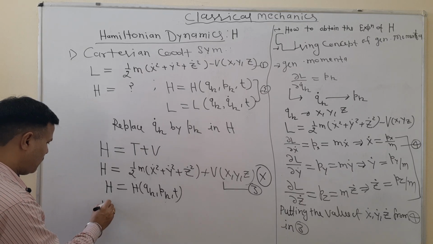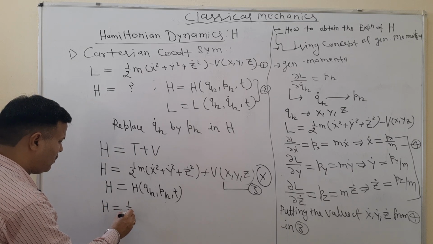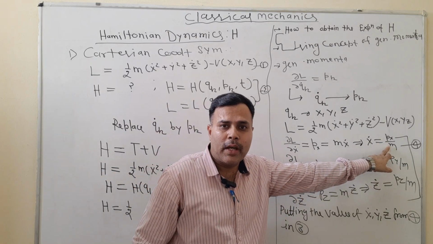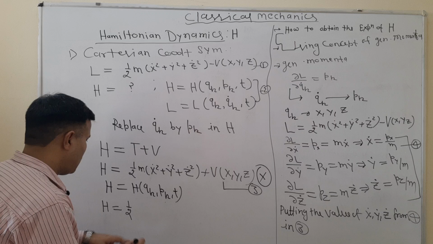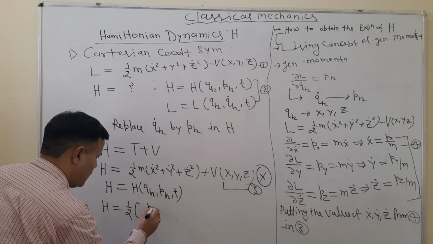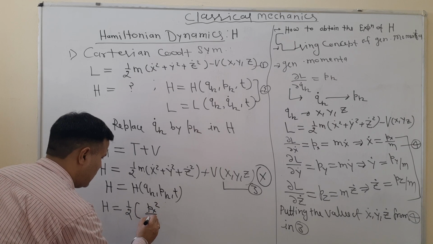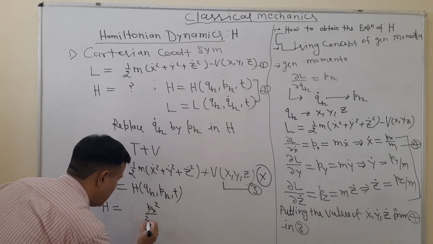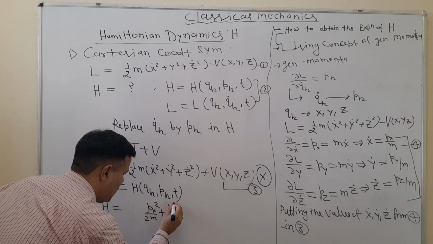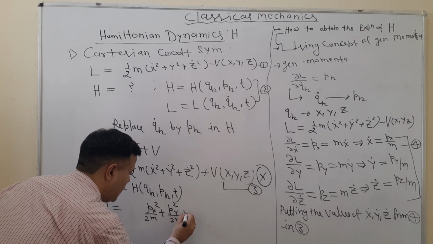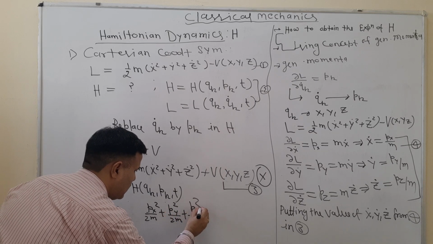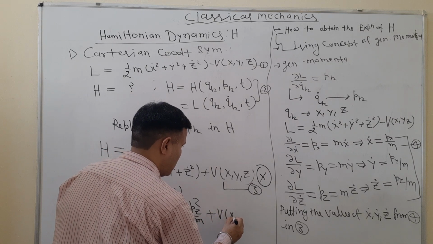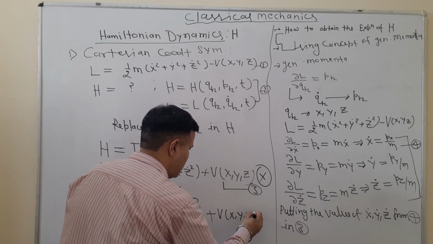So what we have is simply 1/2 m times (px by m) squared, which is px square by m square, and one m will cancel out. So we have px square by 2m plus py square by 2m plus pz square by 2m, which is the kinetic energy, plus V of x, y, z.